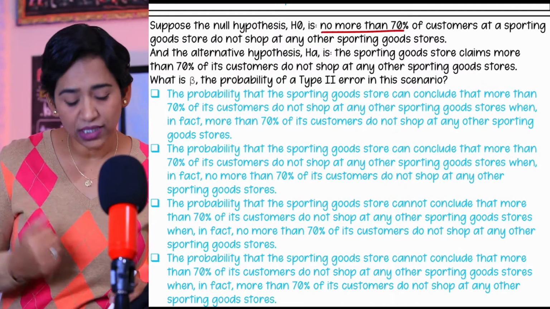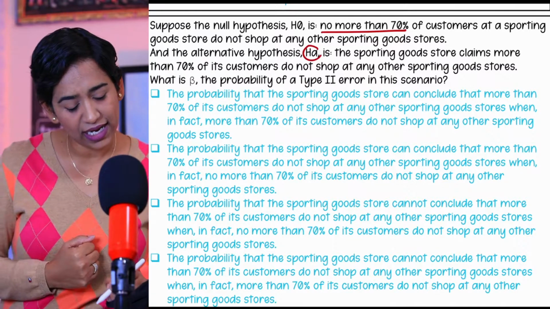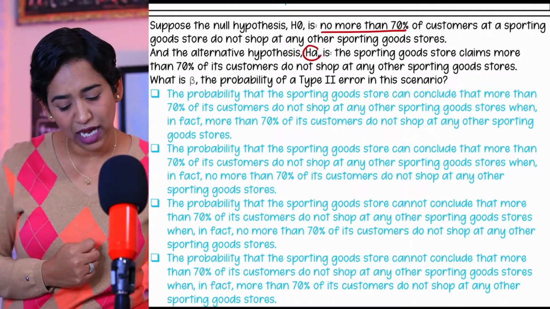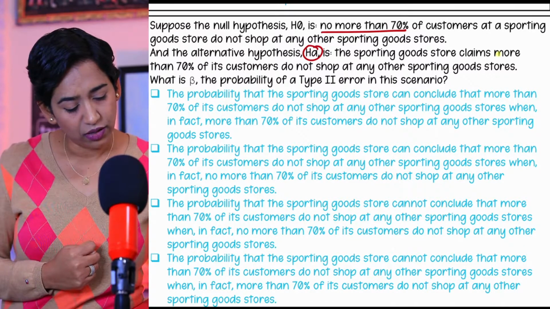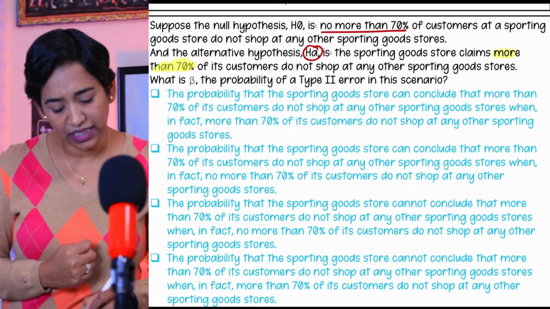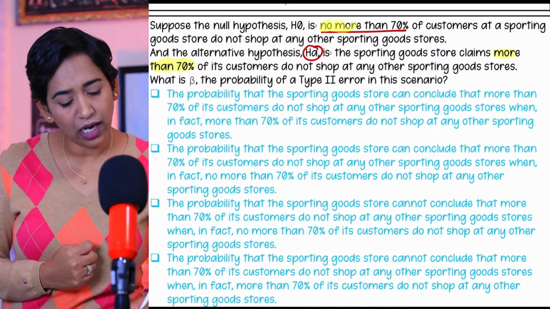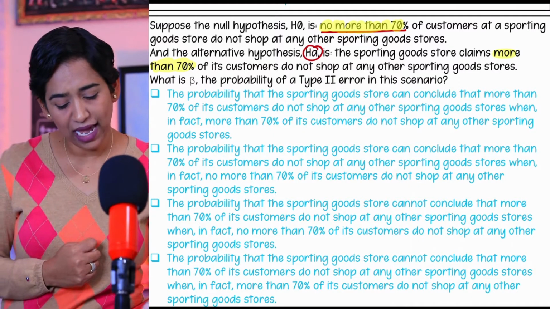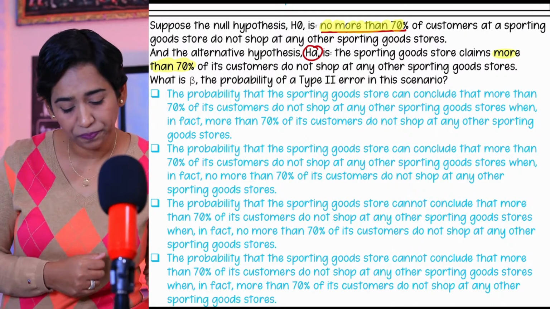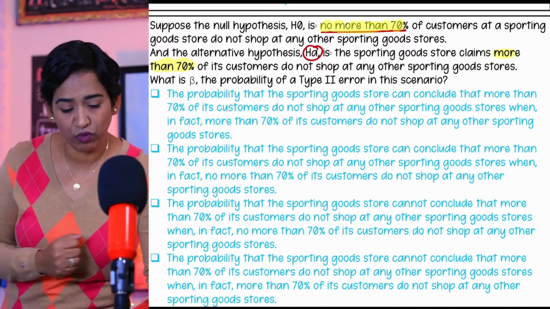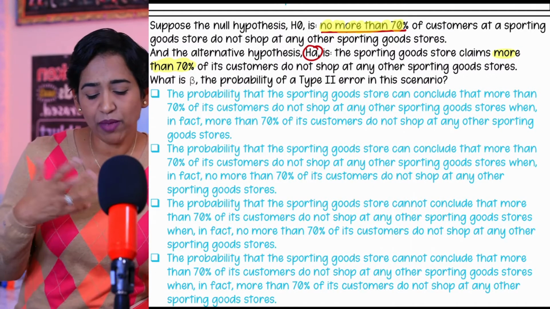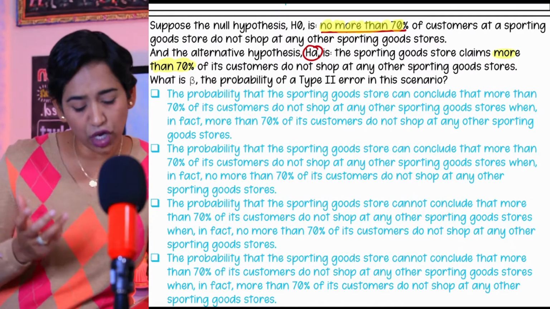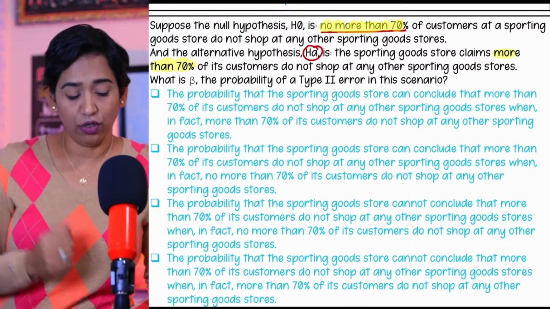And the alternative hypothesis, HA, is that the sporting goods store claims that more than 70% of the customers do not shop at any other sporting goods store. The null hypothesis says no more than, and the alternative says more than, because they are complements of one another, right?